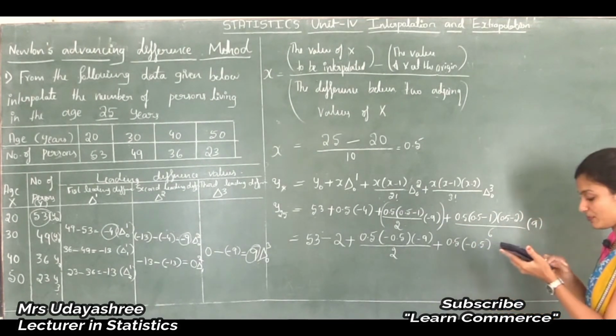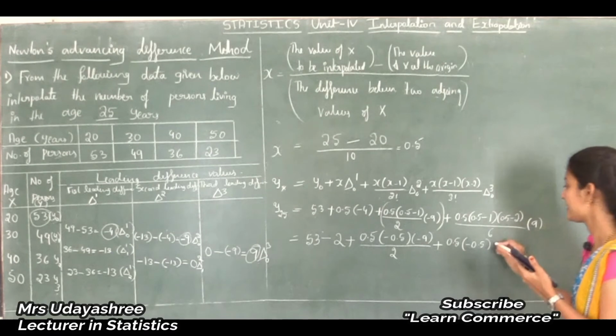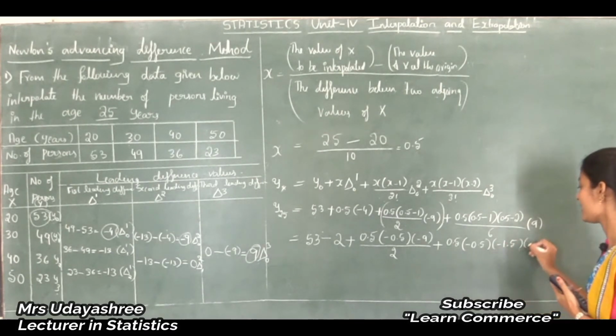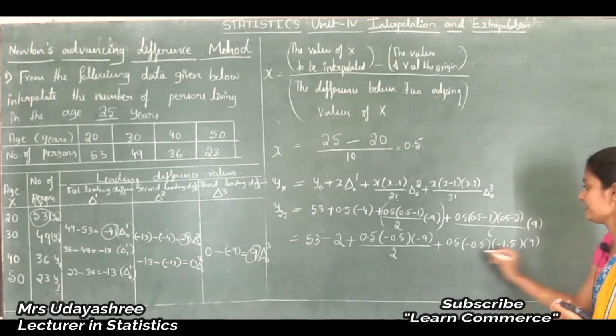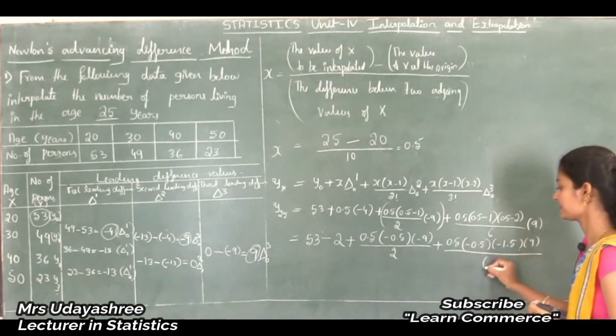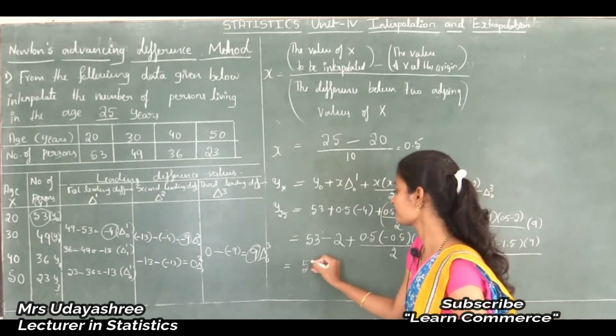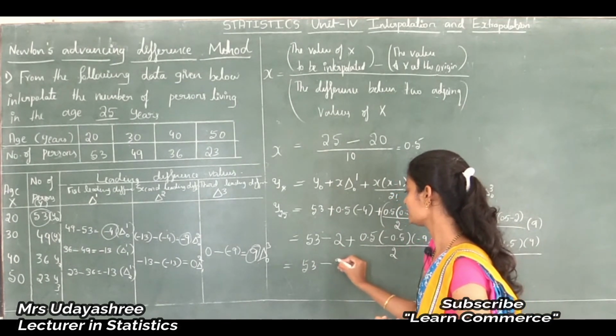Next 0.5 minus 2 is minus 1.5, into minus 9, plus 9 divided by 6. This is equal to 53 minus 2.